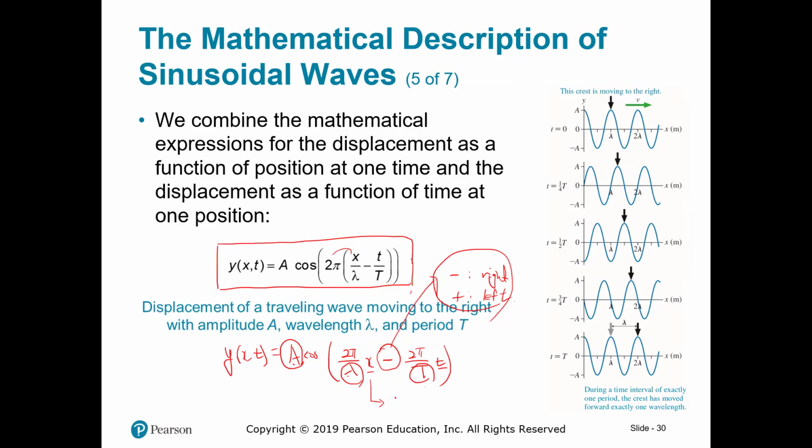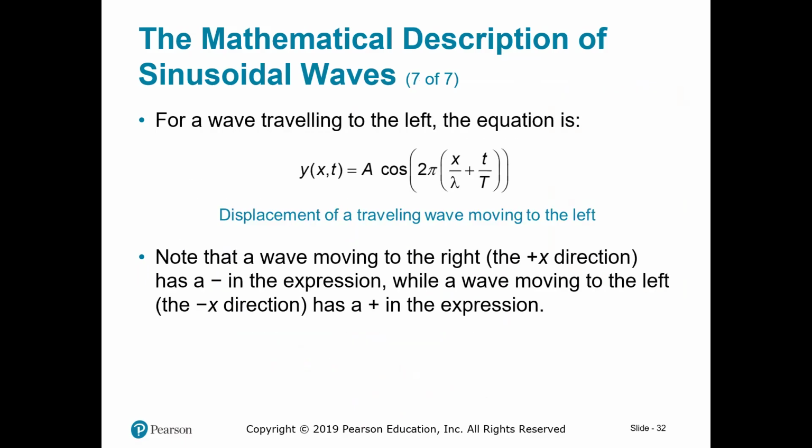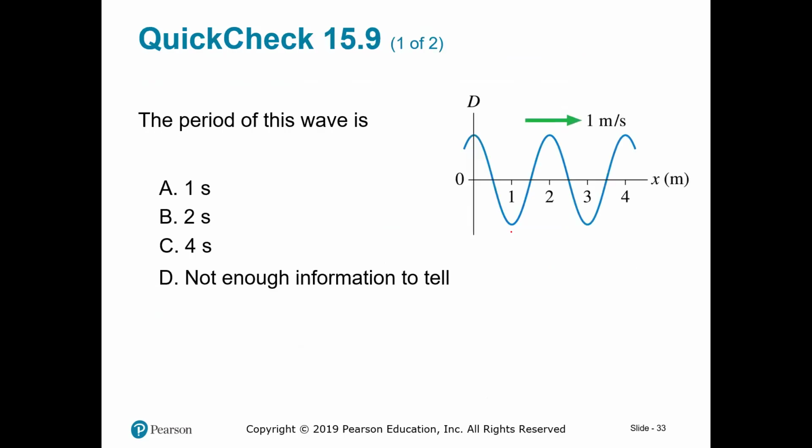If you fix x, then your function is a function of time, a history graph. If you fix a time, this whole term is a constant coefficient, so it's a function of x, a snapshot at fixed time t. If the wave is traveling to the left, we have a plus sign; if it's to the right, a minus sign.